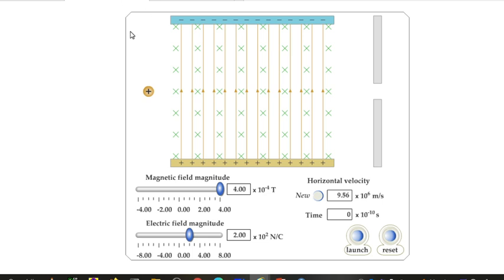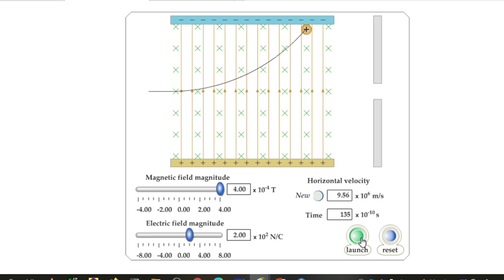I want to launch this particle, but before I do that, this is the speed of the particle and the particle is positive. Now, if I launch the particle, this is what is going to happen. You see, this particle is just going to be diverted up. It's because there's an imbalance between the magnetic force and the electric force.